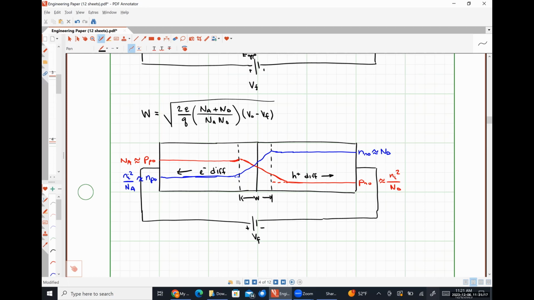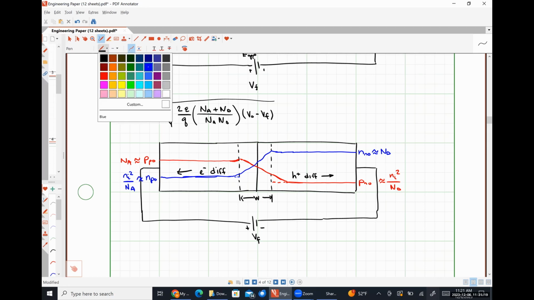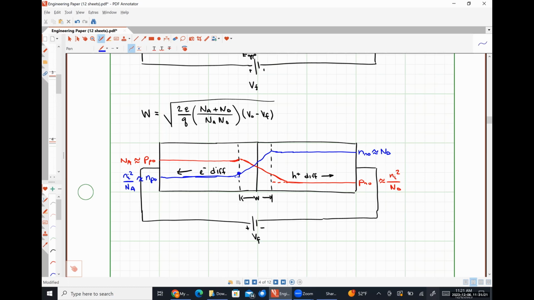I'm going to label a couple of things here. So this is the electron concentration on the P side of the crystal at what we're going to call x is equal to 0 on the P side of the crystal.